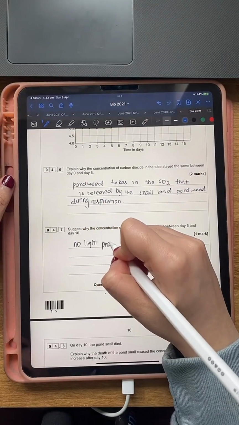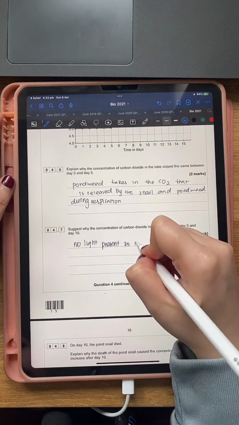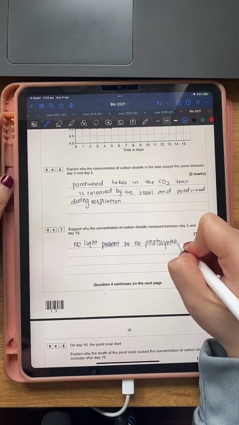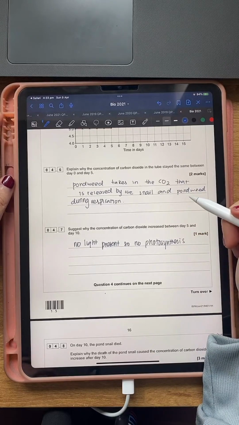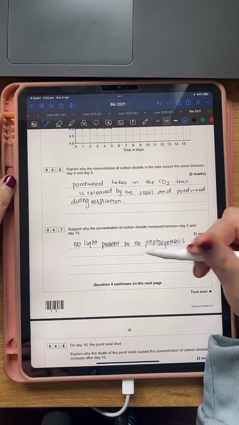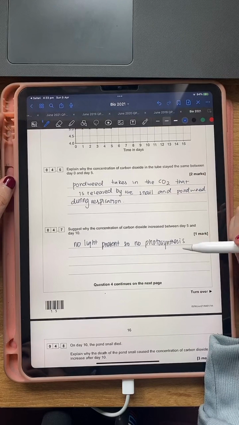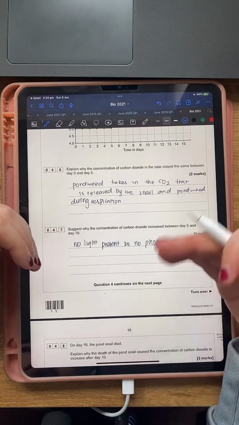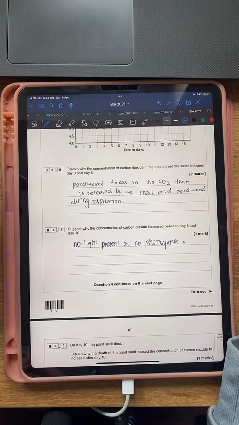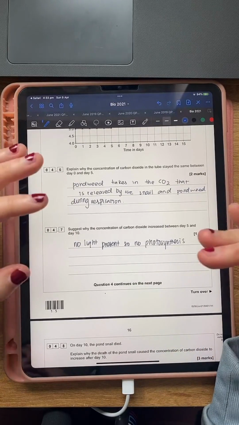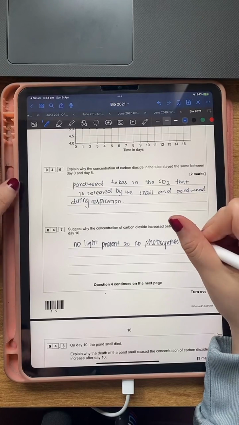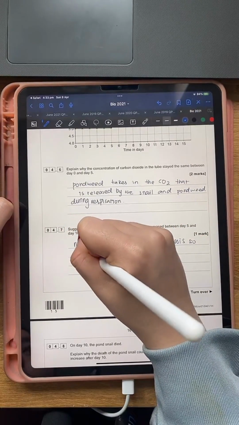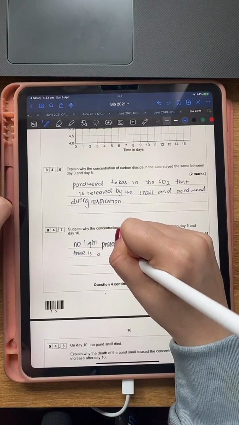So when there's no light, no photosynthesis, and there's still respiration, then that means the rate of respiration increases while the photosynthesis stops. So there is a buildup of CO2 as snail and pondweed still respire.